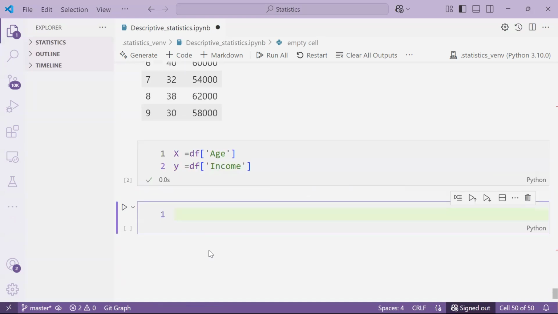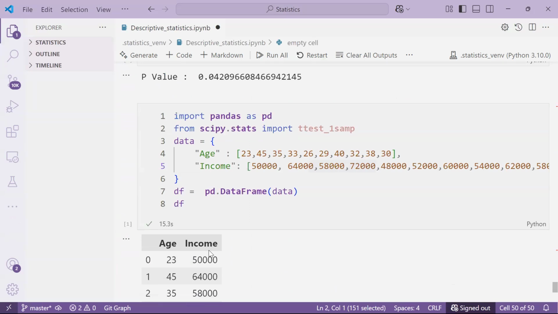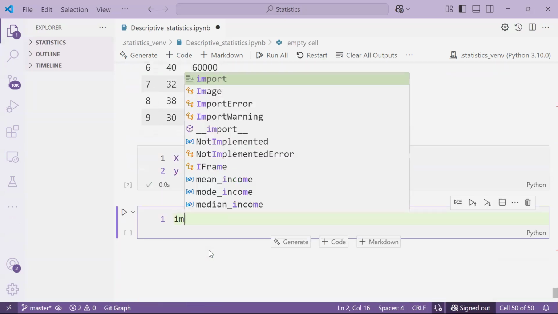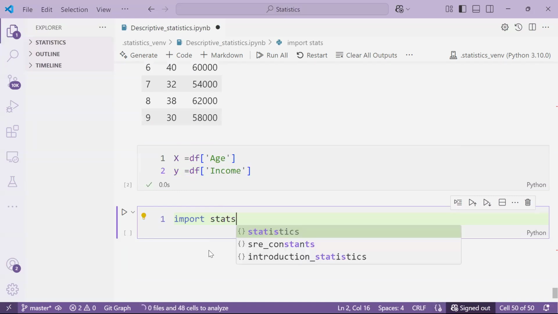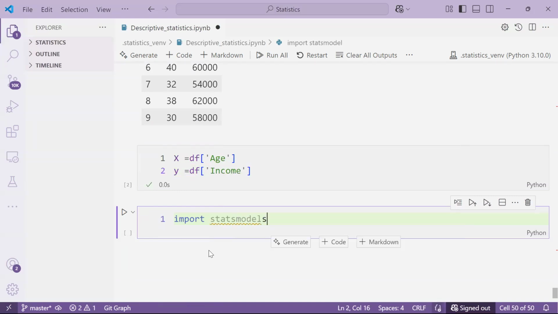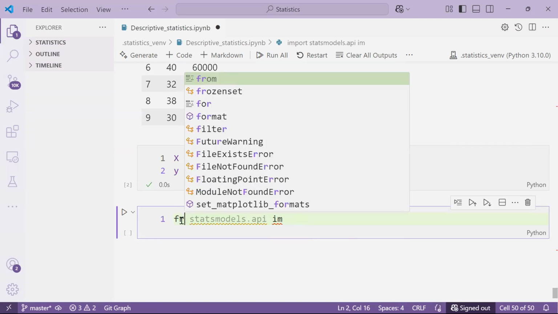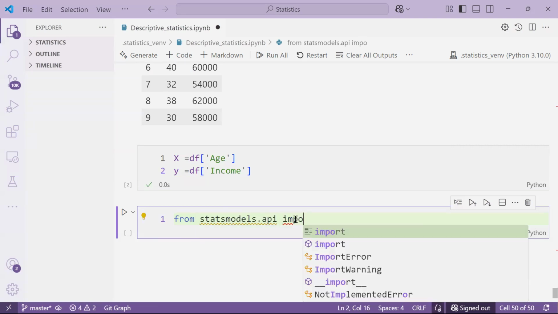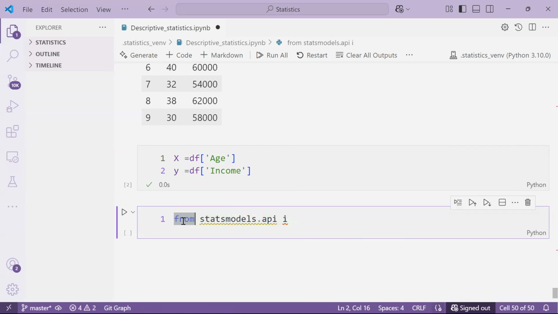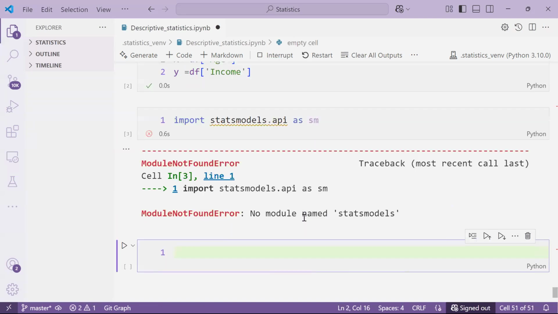Then you simply add a constant to your x. To work with this, we import statsmodels: from statsmodels.api import, as sm.